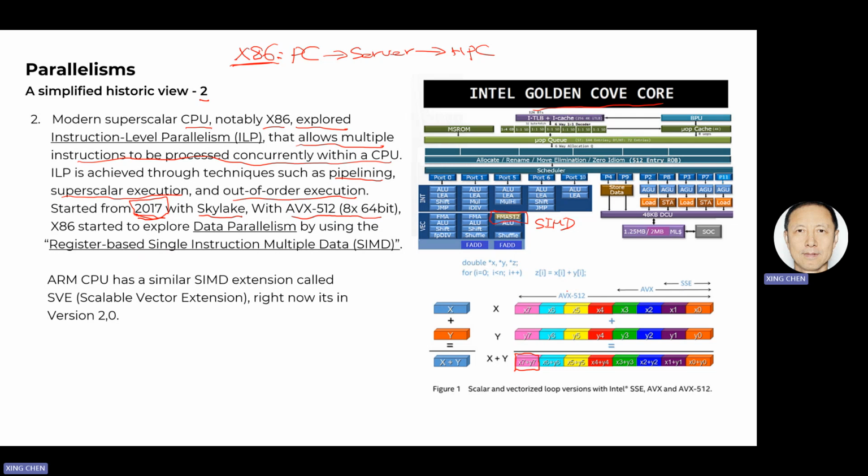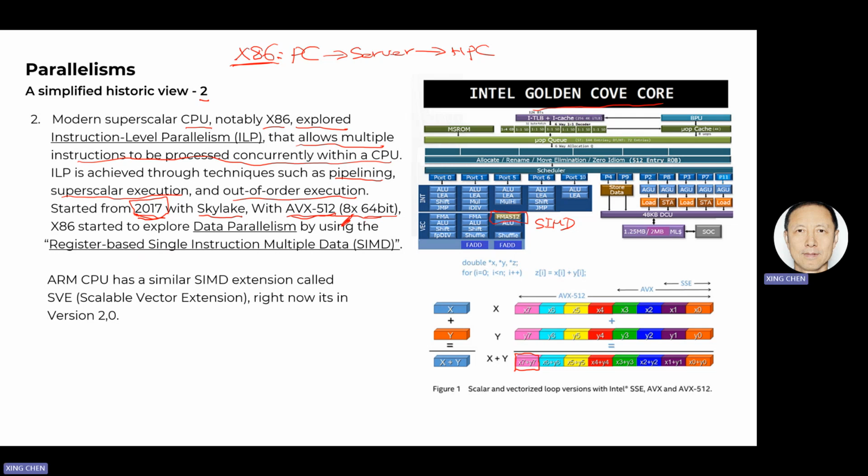The way for x86 to do that is you have hardware units. Here, AVX 512 means you have 8 hardware units, so you can do 8 64-bit operations at the same time.